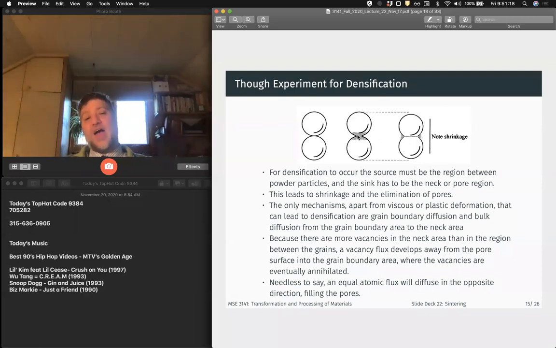Which for ceramics translates to higher Schottky or higher Frenkel defects, depending on what we have. But if I have a straight metal, then I can just think about single vacancies, right? So if I have an increased vacancy concentration here, it means I also have an increased diffusivity, right?